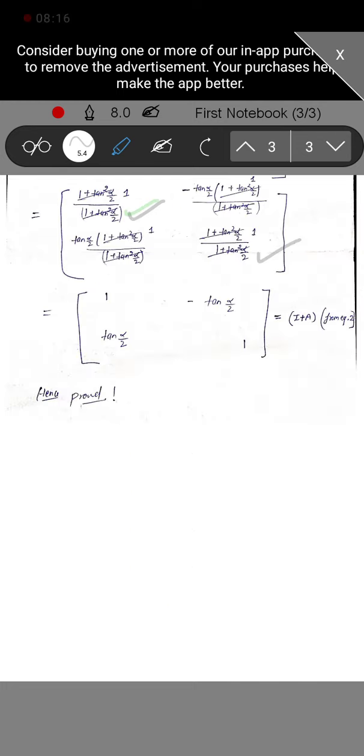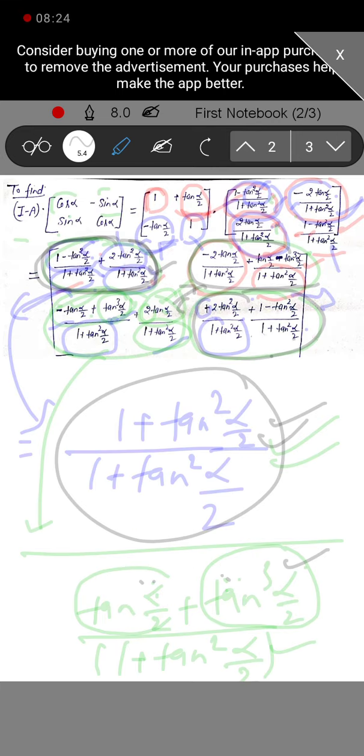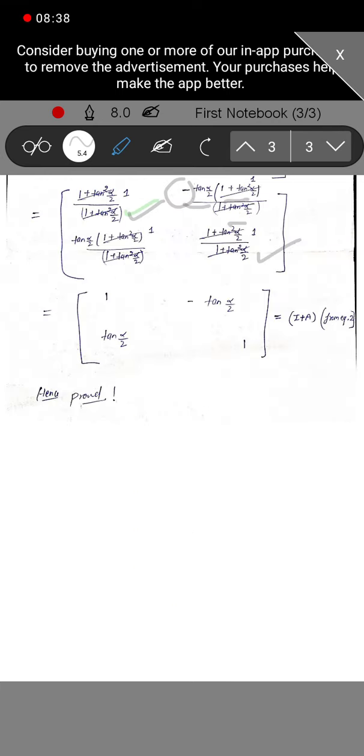So I have taken tan alpha by 2 common from the numerator. We get this upper part and then lower part this, and here we have a minus sign. Can you observe why? Because in this upper part we have a minus, when you solve we get minus, because minus is 2 here, and here we have plus 1. When you add this, we get minus tan alpha by 2, and here you are also minus. So we have taken minus common, so we get this minus also here.